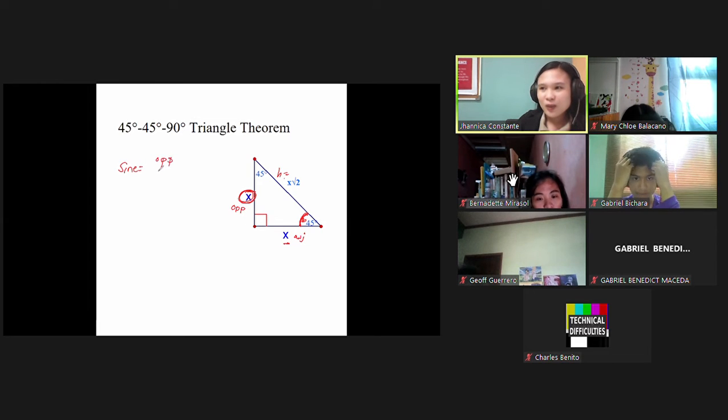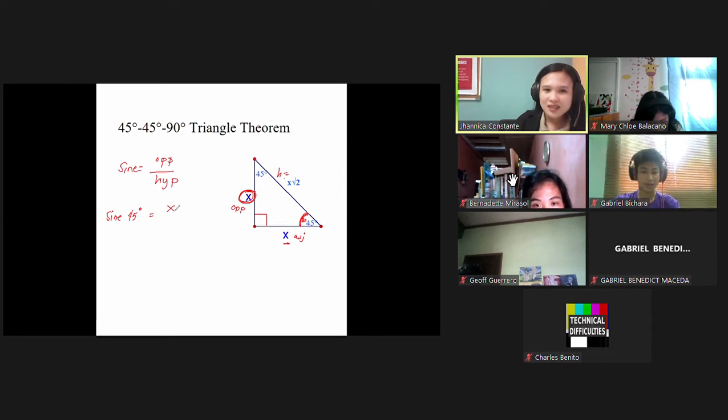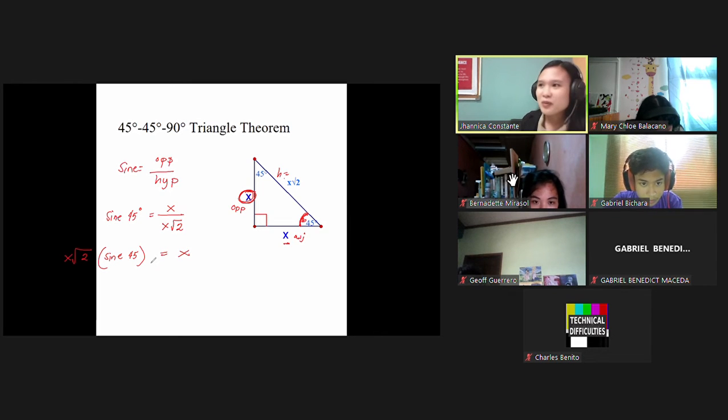Sine 45 degrees, opposite is x, hypotenuse is x square root of 2. So sine 45 degrees times x square root of 2 equals x, or the opposite side.